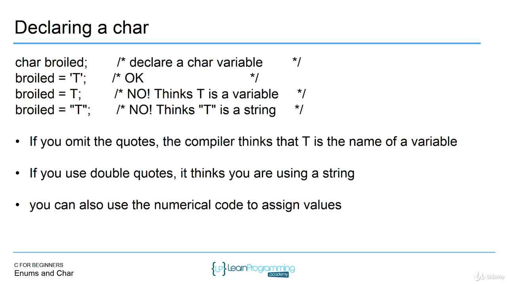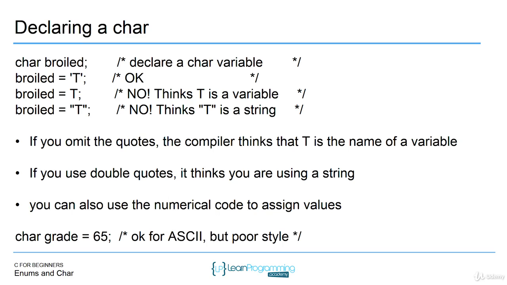You can also use numerical codes to assign values for characters, and it will just use the ASCII table. The ASCII table is how characters are represented as numbers in the computer. So there's this whole table, and basically if you assign a number to a character type, it's going to think you're assigning an ASCII value.